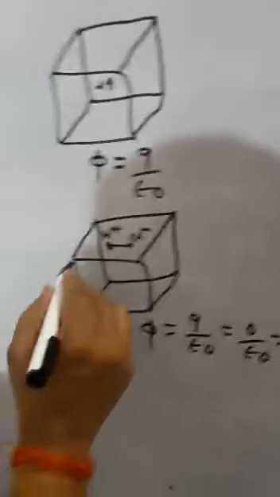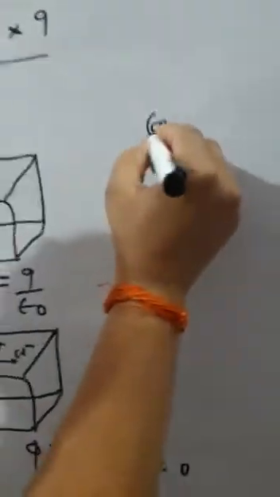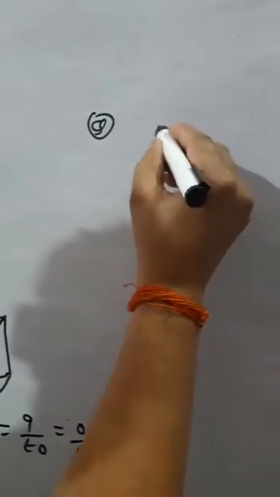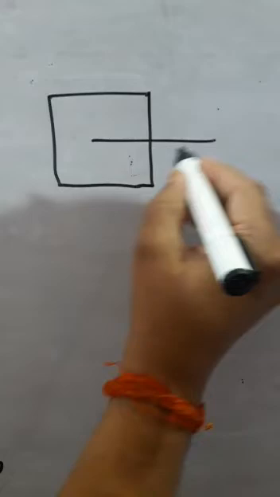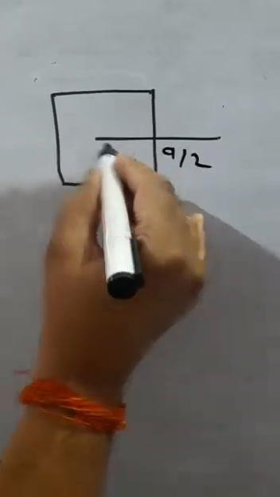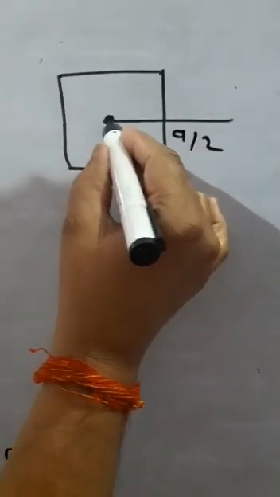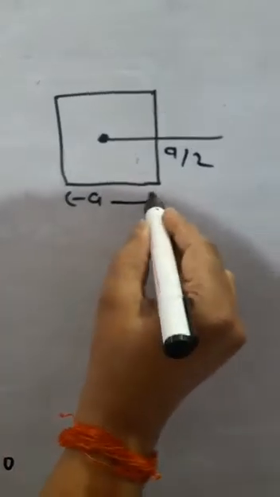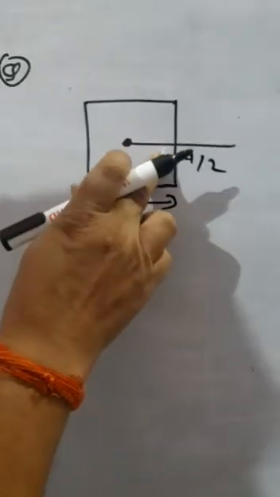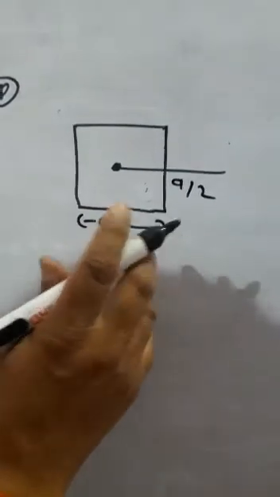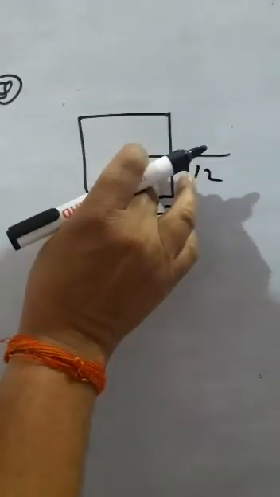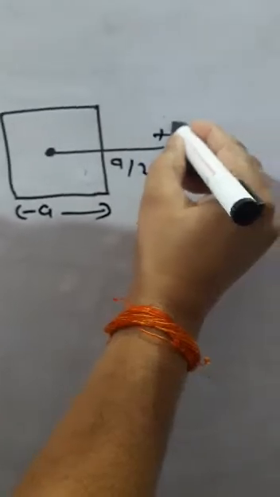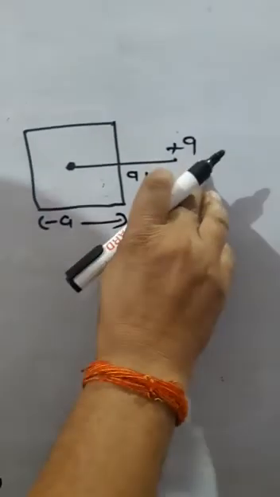If a charge plus q is placed at a by 2 distance from the center of a square plate of length a, and we have to find the total flux linked to the square plate. In this question, we imagine 6 square plates around the charge plus q.